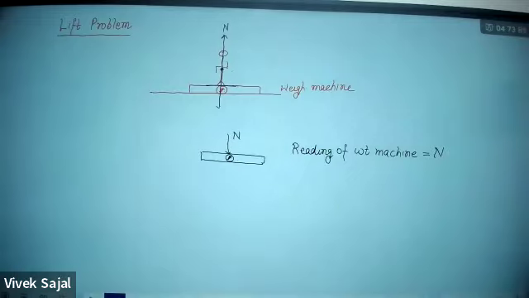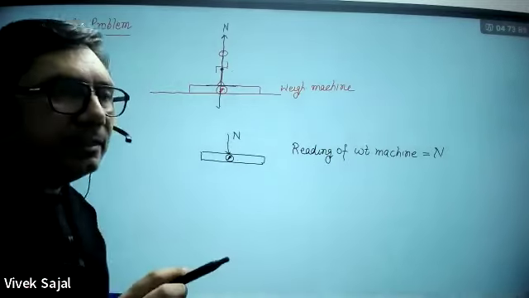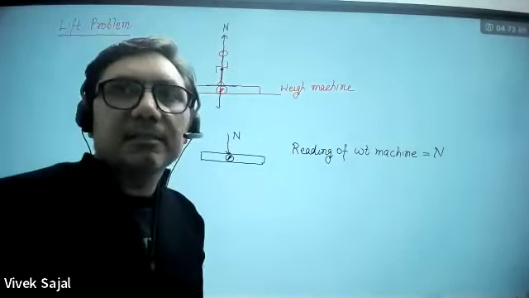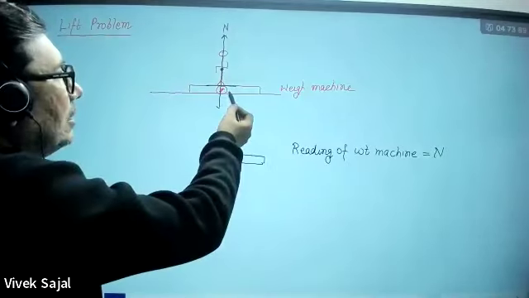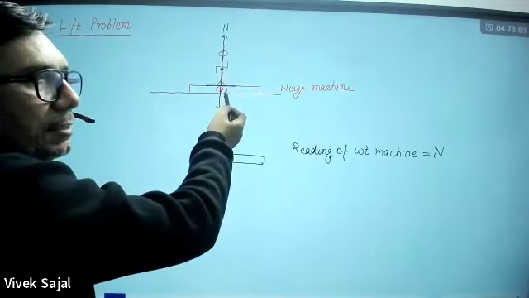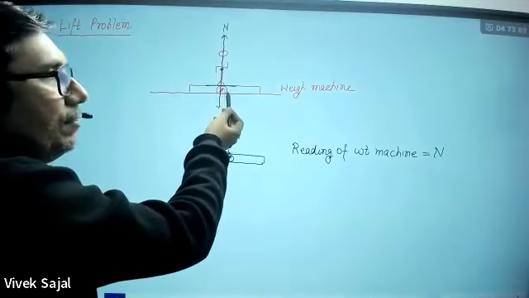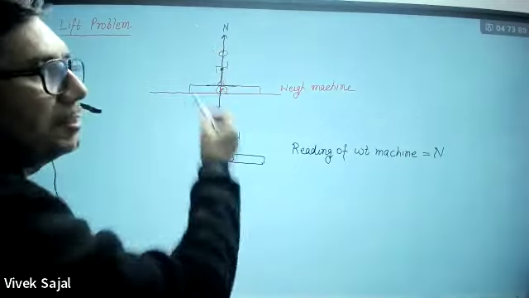So remember this. Whatever reading you observe on a weighing machine will be equal to the normal reaction, which this person exerts on the machine, or the machine exerts on the person.